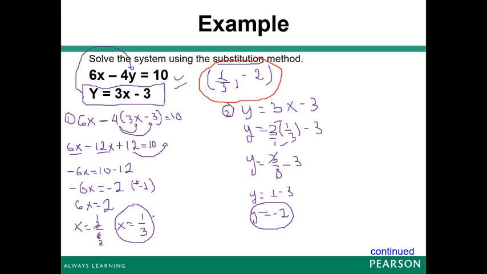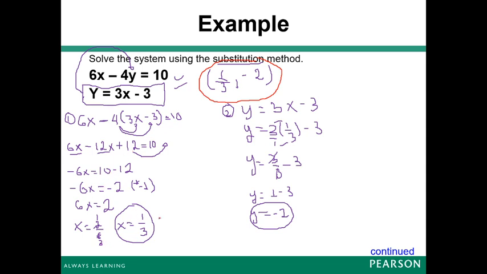Remember, first, put the y answer into the first equation. Multiply. Simplify the like terms, and later simplify the expression.